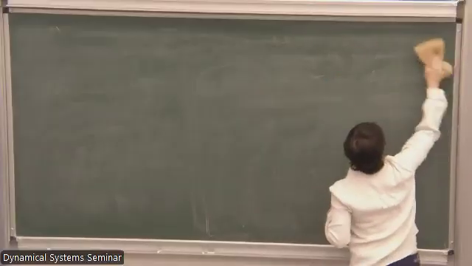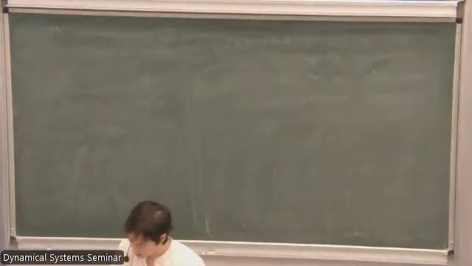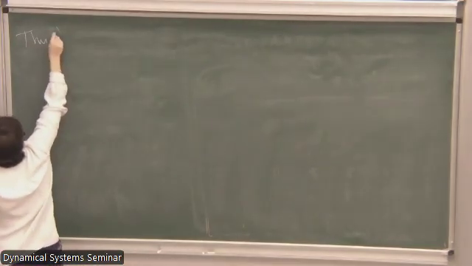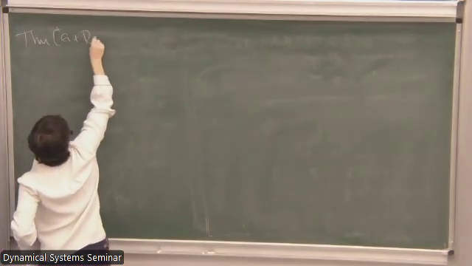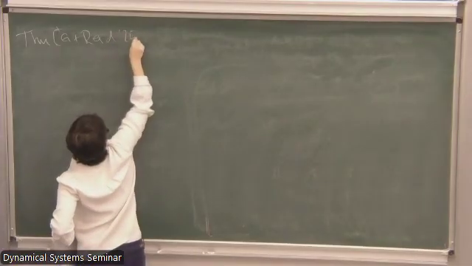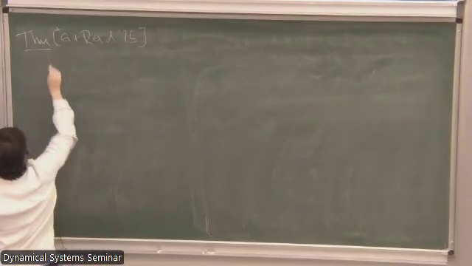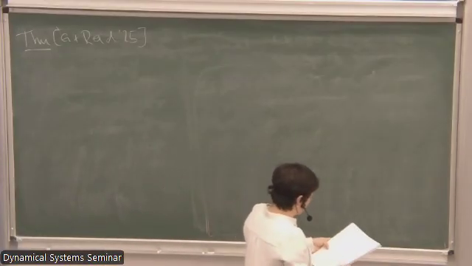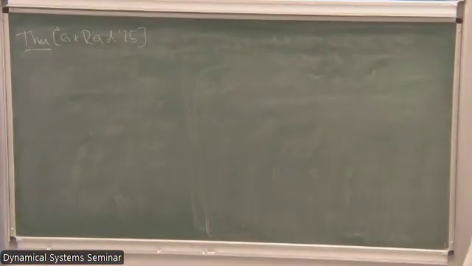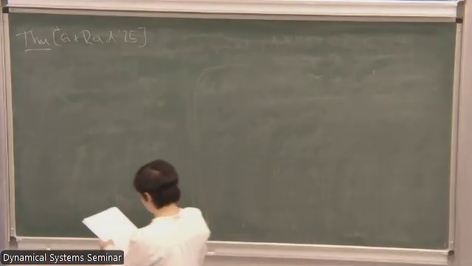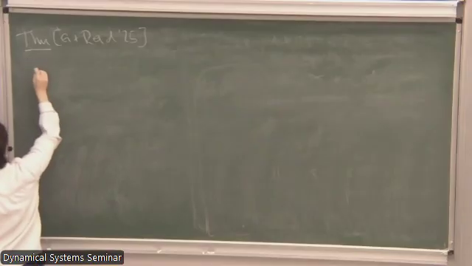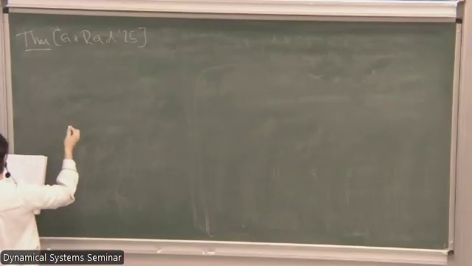What's so great about this? Well, what's great about this is that we have a theorem. Okay, we have many theorems, but I'm just going to give you one, essentially a reduced version.